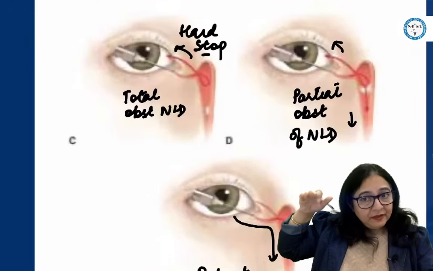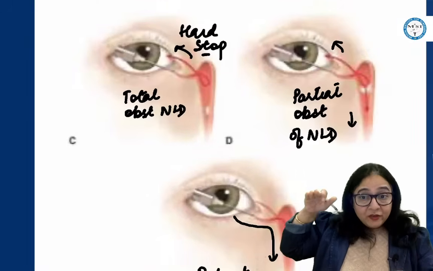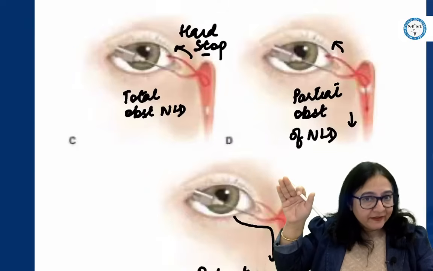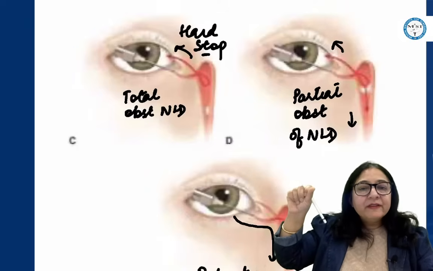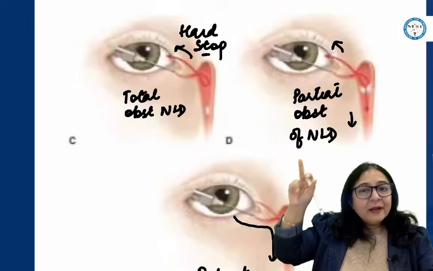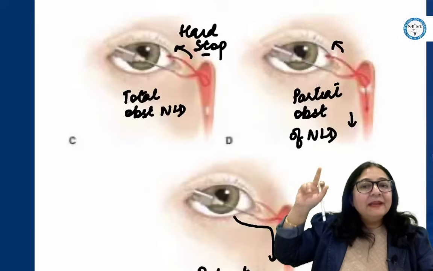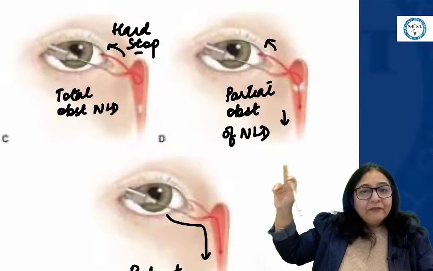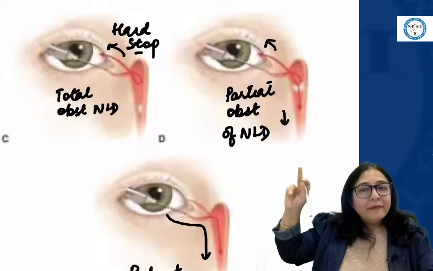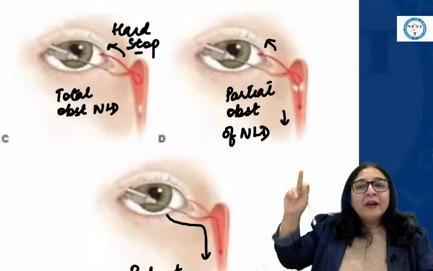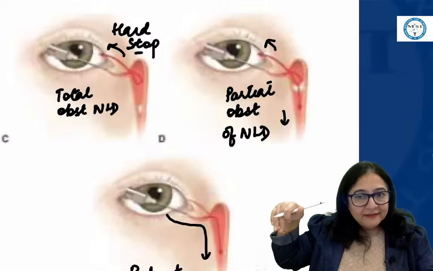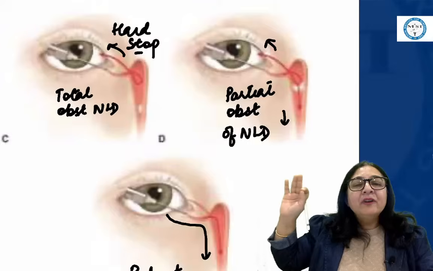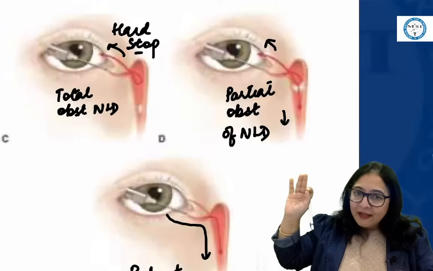If you come to a hard stop, that you have pushed your cannula but then you feel a bony stop and you cannot push it any further, and when you push the syringe, the fluid comes from the opposite punctum, it's a total NLD obstruction. If you come to a hard stop and when you push the fluid, part of it goes into the nasal cavity and part of it comes from the upper punctum, it's a partial obstruction of the nasolacrimal duct.